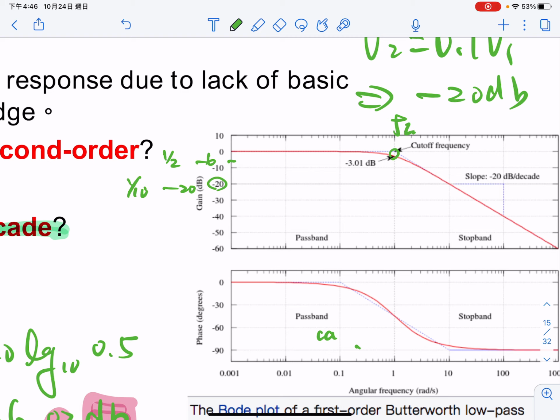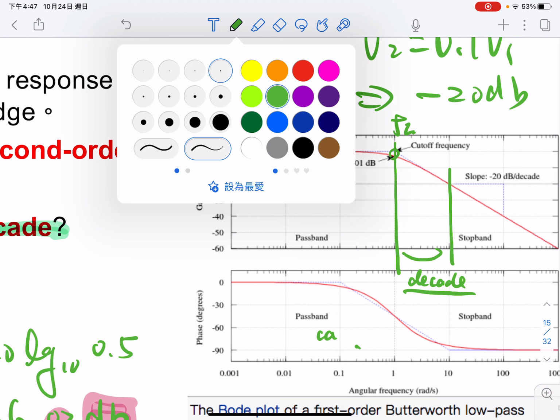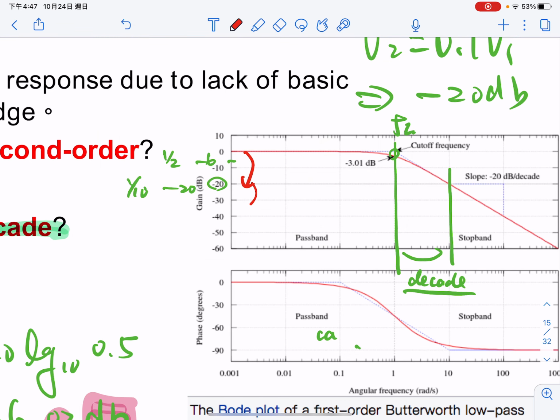And from the cutoff frequency, this part, if we have a decade of frequency difference, this signal is attenuated by 10 times, meaning the magnitude now becomes 0.1 multiplied by the original signal.